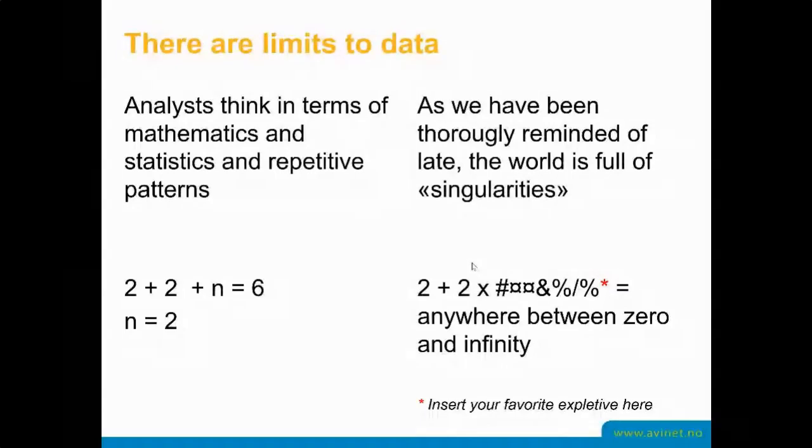But as we've been thoroughly reminded this spring, not everything can be predicted, and there are lots of incidents in the world, and any equation can turn out to literally anything, given that you throw something strange into the mix. So there is a very strong importance of in situ data capturing to support ad hoc cases.